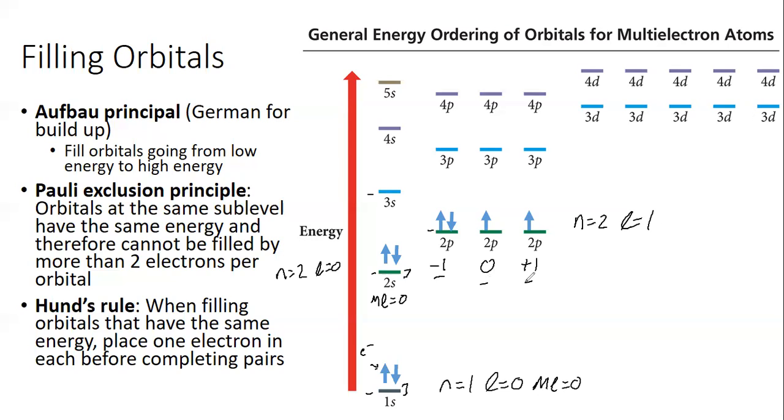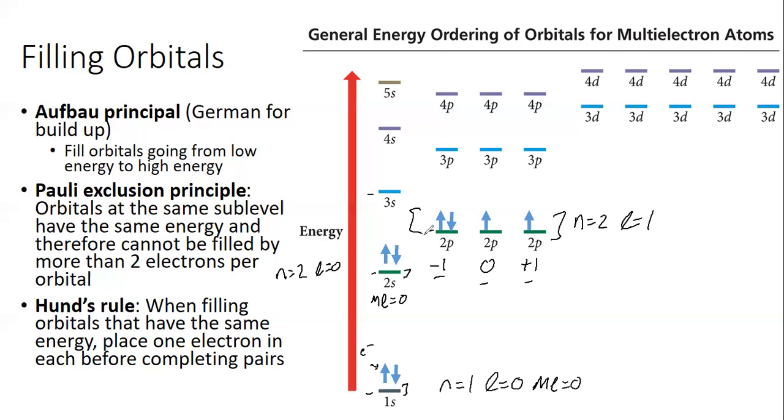And then Hund's rule, which is shown in these 2p orbitals, says that when filling electrons, fill in the empty m_l values first before you pair electrons. I'll repeat that. Hund's rule says, fill in empty m_l values first before you pair up electrons.